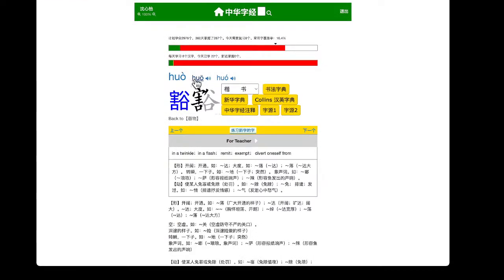Huo means in a twinkle, in a flash. Something happens real quick. It can also mean remit, exempt, pardon. Like when an official gives clemency to criminals, like when somebody who's got life in prison without parole, and they reconsider it and they let them go on parole after 30 years or something.